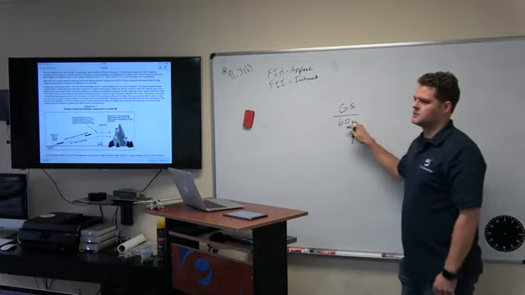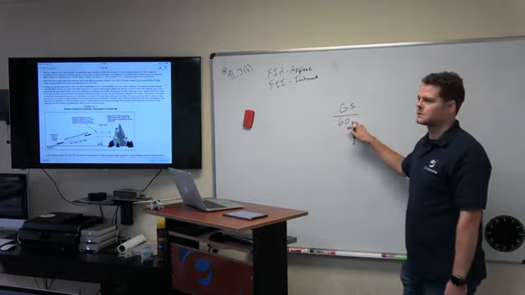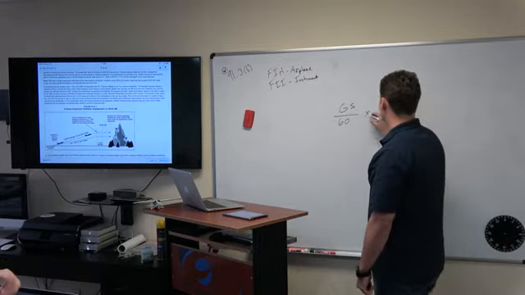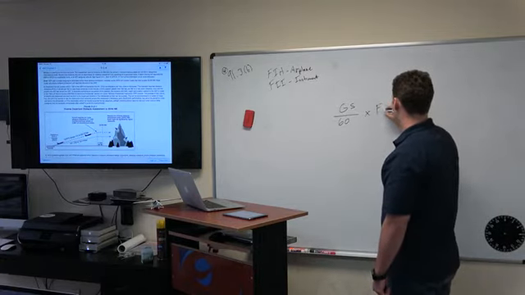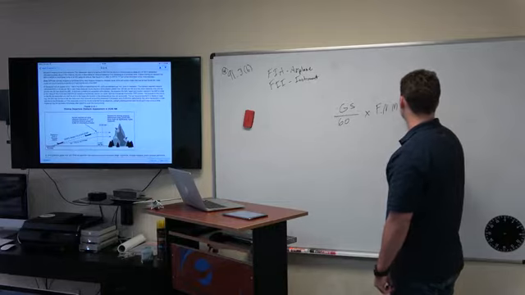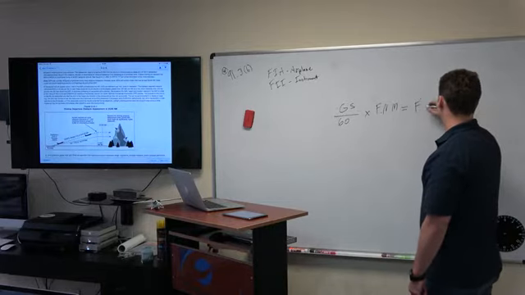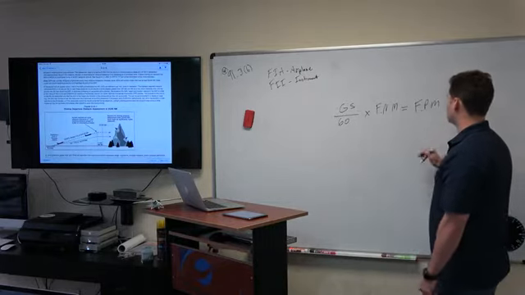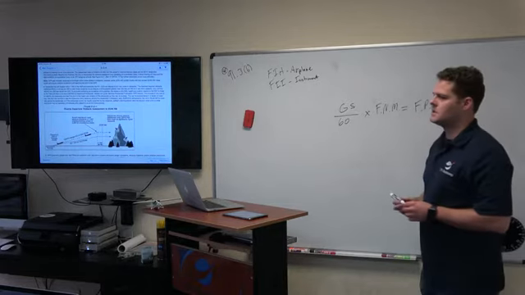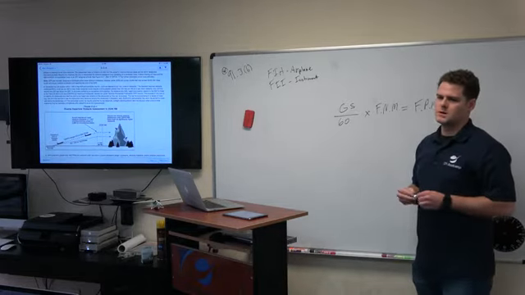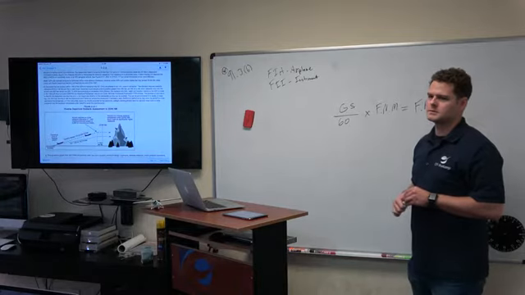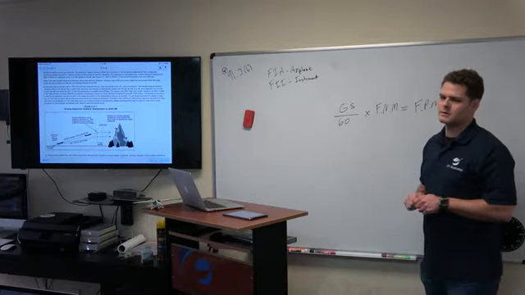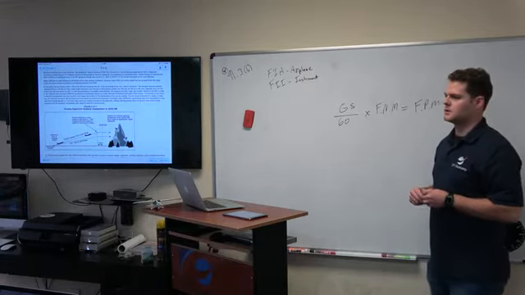This gets it into minutes for us. That's what the 60 is for. And then we multiply by our required feet per nautical mile. That will give us the feet per minute that we need to meet or exceed to assure that we're going to have the climb performance for whatever departure procedure it is.